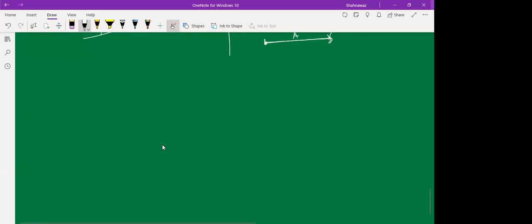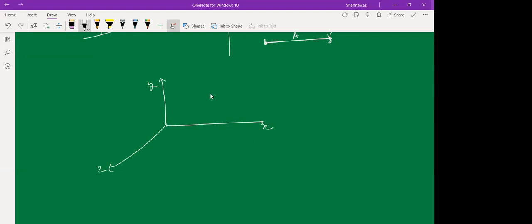Then we studied that we can write any vector in the form of a Cartesian vector. So let's say we divide this into the X part, the Y part, and the Z part.